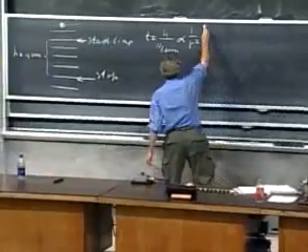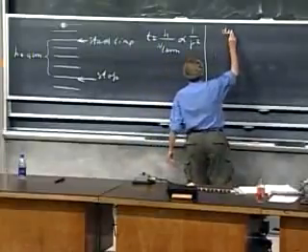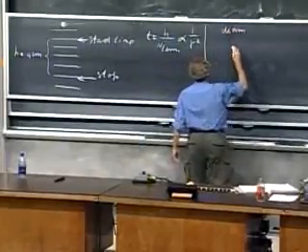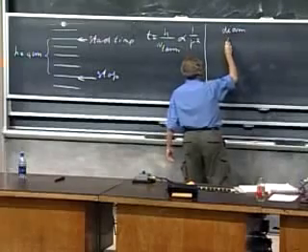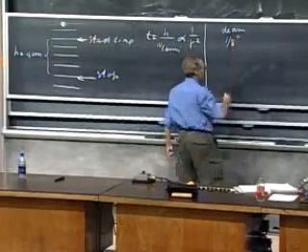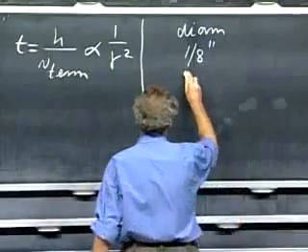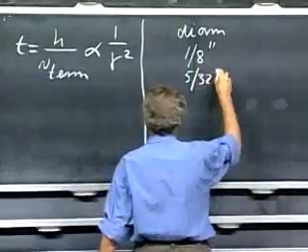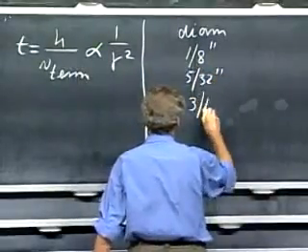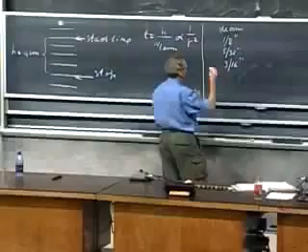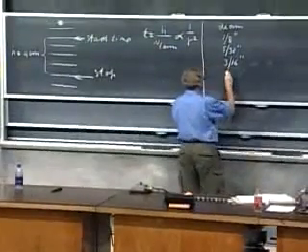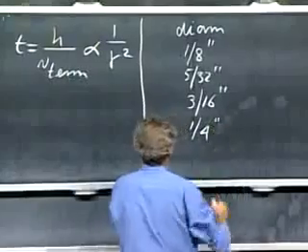So we're going to get a list here of the diameters of the ball bearings, and the diameters are in inches. My smallest one has a diameter of 1/8 of an inch. Then I have 5/32, I have 3/16. All these things come in inches, that's one of those things, and I have 1/4 inch diameter.